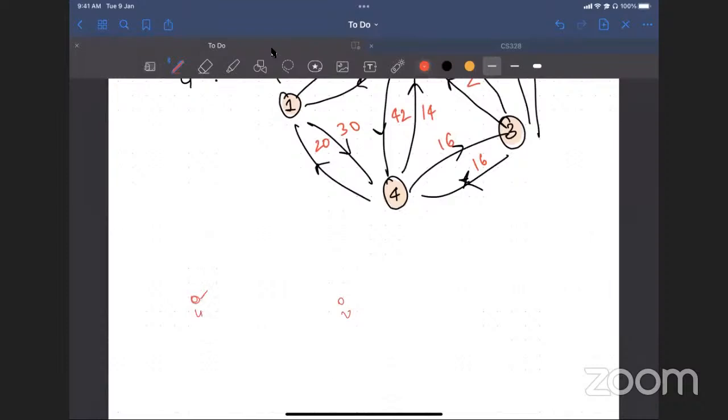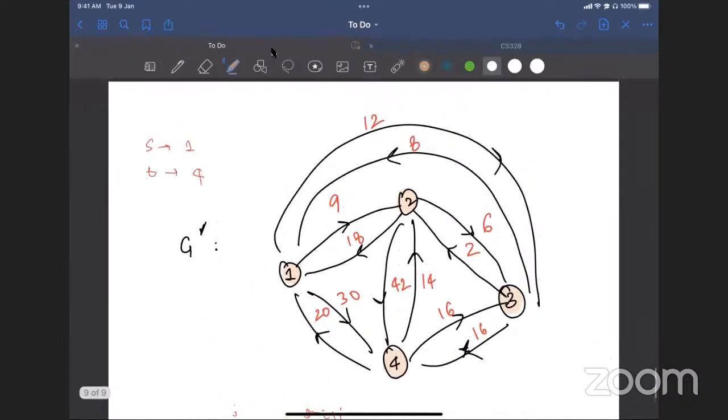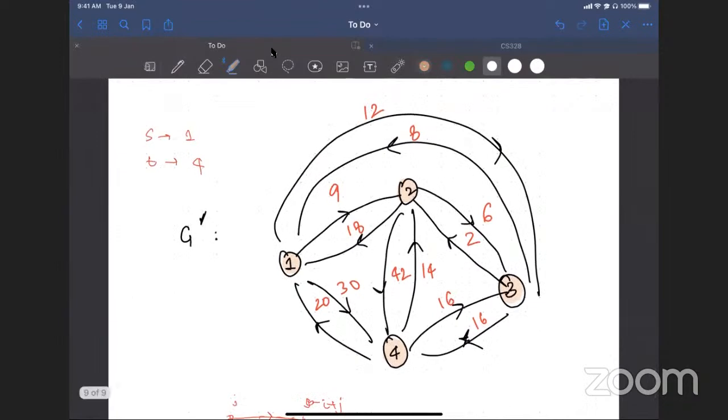Either I can just refuel at U and traverse along the shortest path, or along any other path, I refuel in between at some vertices I, J, and K. Now this graph gives you the information of what the fuel is if you go from 1 to 4 directly with just refueling once, or you go from 1 to 2, then from 2 to 3.